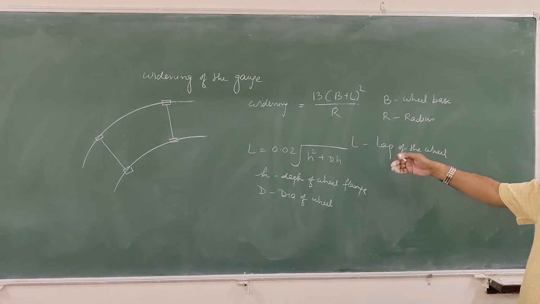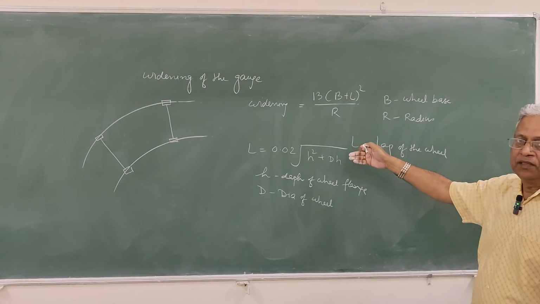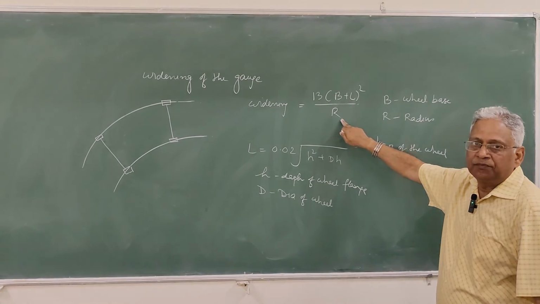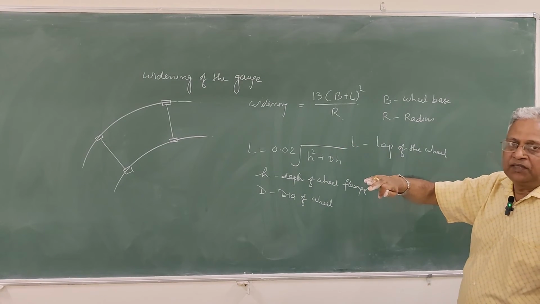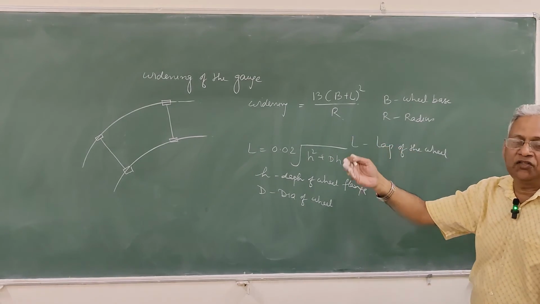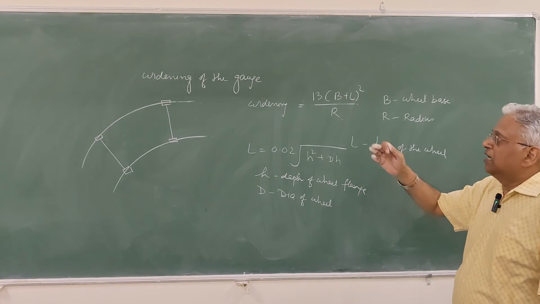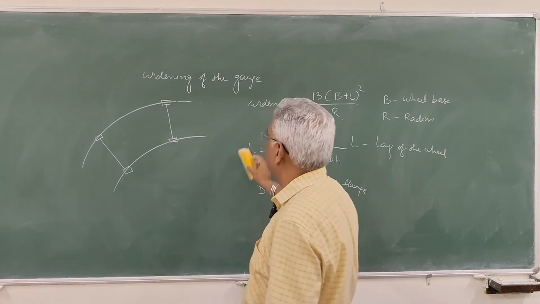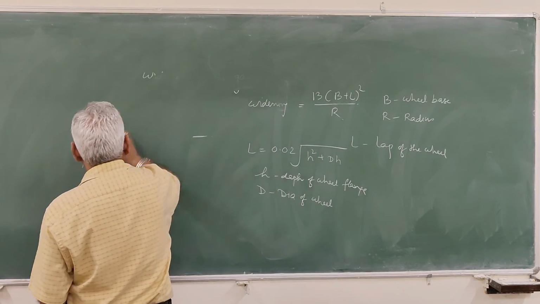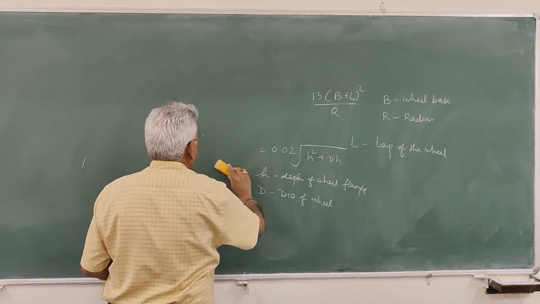But when you calculate this extra widening using this equation, if R is less, meaning you have a sharp curve, then this extra widening becomes too large. In that case, there is some stipulation suggested on Indian Railways, and these stipulations are as given here.